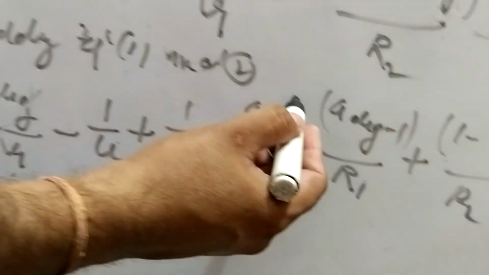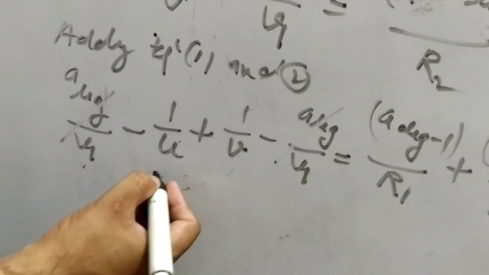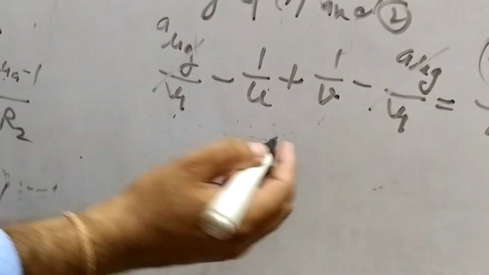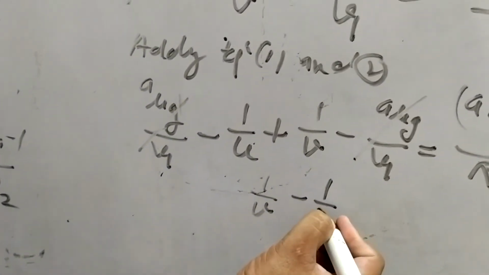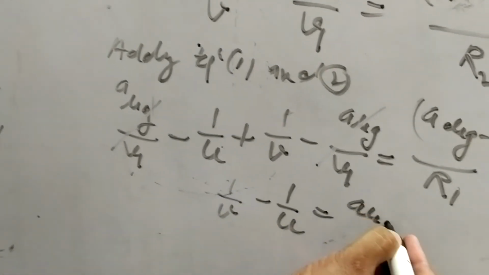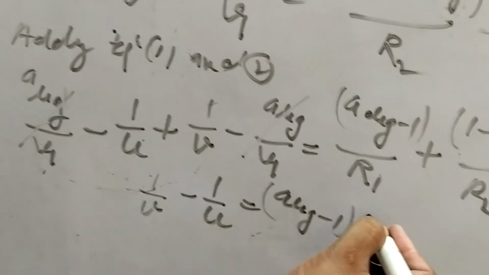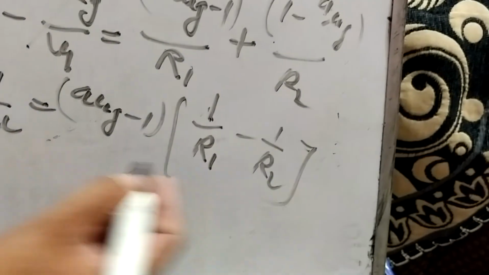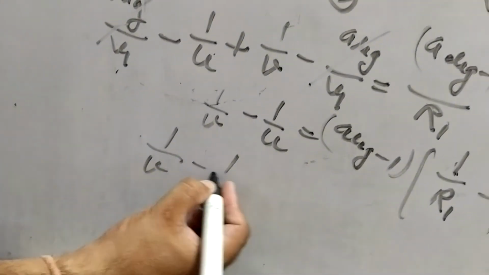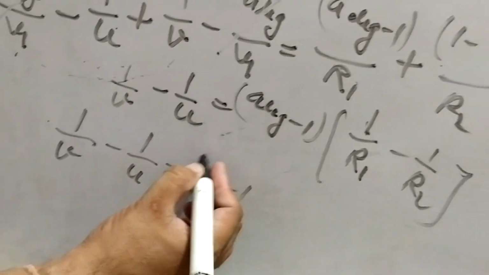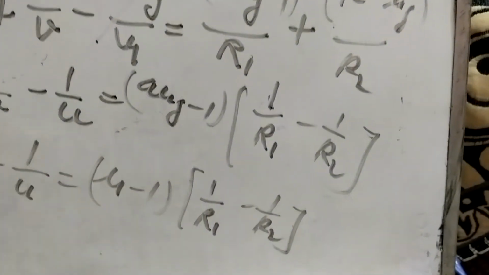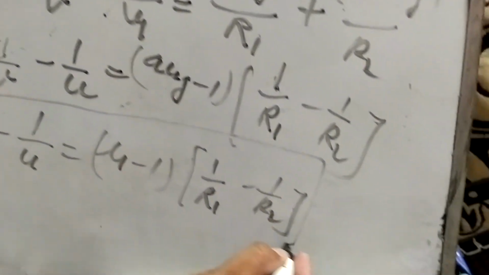So this term will cancel by this term. So 1 upon V, finally we can find the Lensmaker formula. 1 by V minus 1 by U is equal to aμg minus 1 into 1 by R1 minus 1 by R2. So in simple form, 1 upon V minus 1 upon U is equal to μ minus 1 upon R1 minus 1 upon R2. This is the Lensmaker formula.